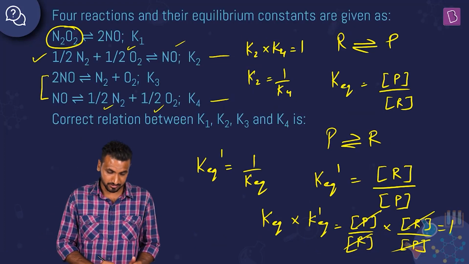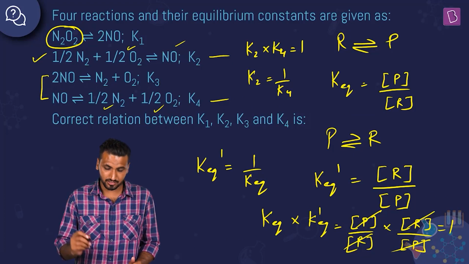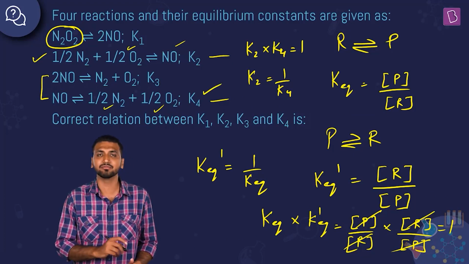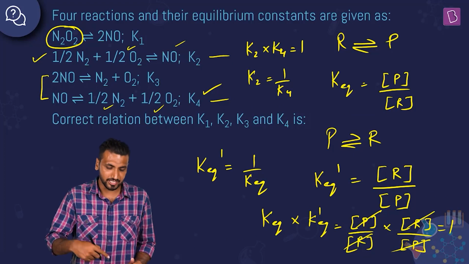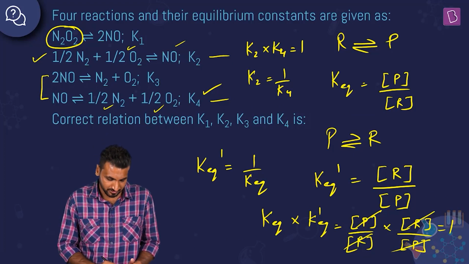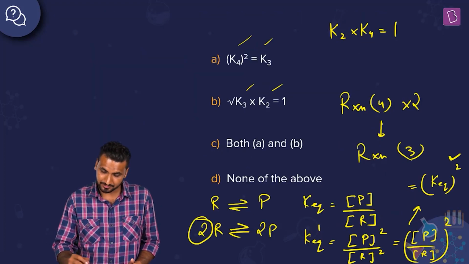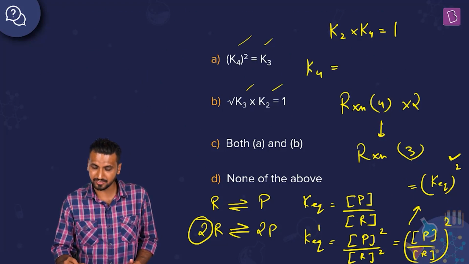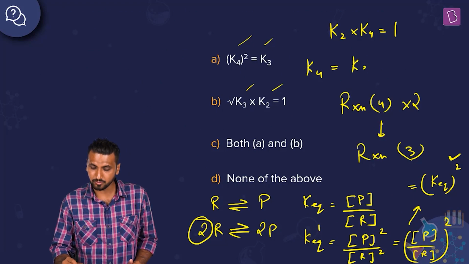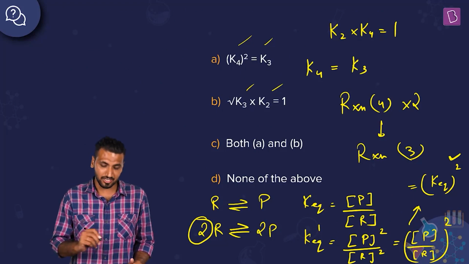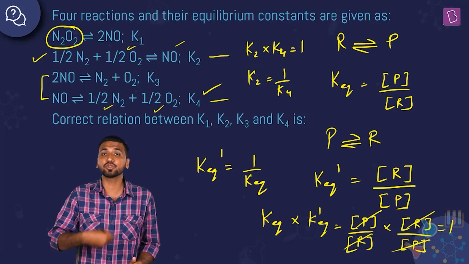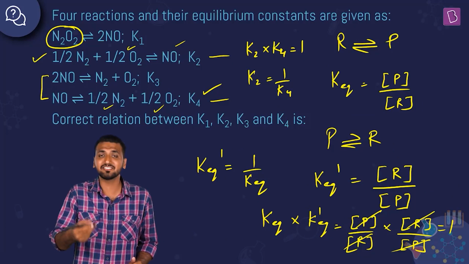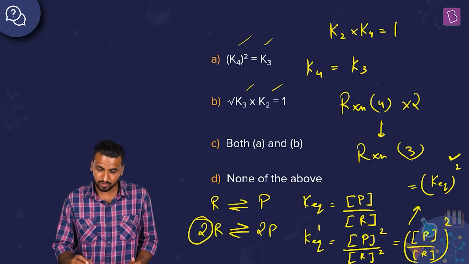Now come back to the question. You have reaction 4 multiplied by 2 to get reaction 3. So what will be the relation between K3 and K4? You have multiplied reaction 4 with 2, so K3 will be nothing but square of K4.